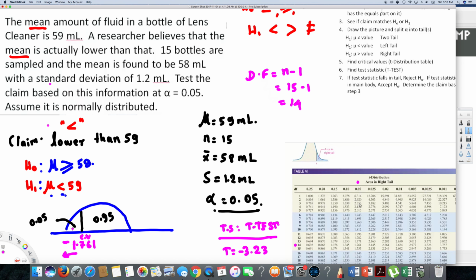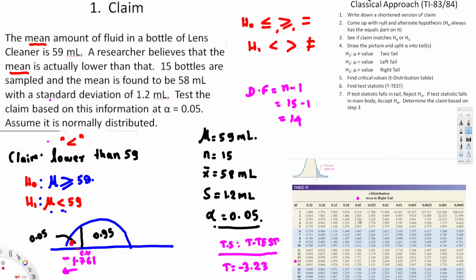So it falls under the tail, in this area. Here it says if the test statistic falls in the tail, reject H0. We are getting this value lesser than the critical value, so it is falling in the tail. So we are going to reject the null hypothesis. So we reject H0.